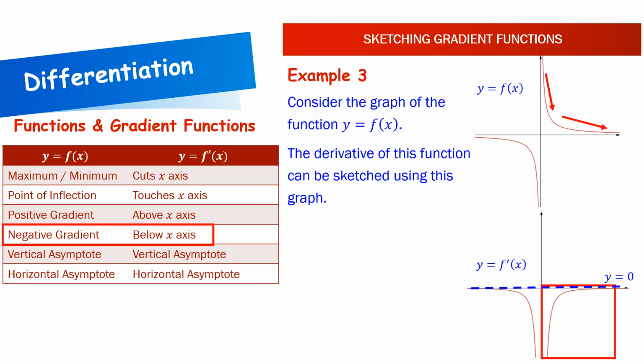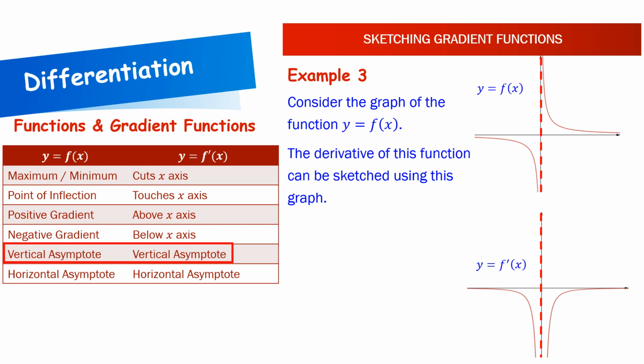Similarly here, again, in the graph of y equals f of x, we have a negative gradient, so again, in the graph of y equals f dash of x, the graph lies below the x-axis. Here we have a vertical asymptote in y equals f of x, and therefore we have a vertical asymptote in the same position for y equals f dash of x.